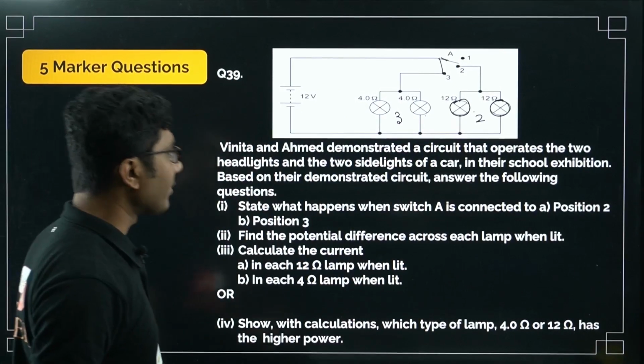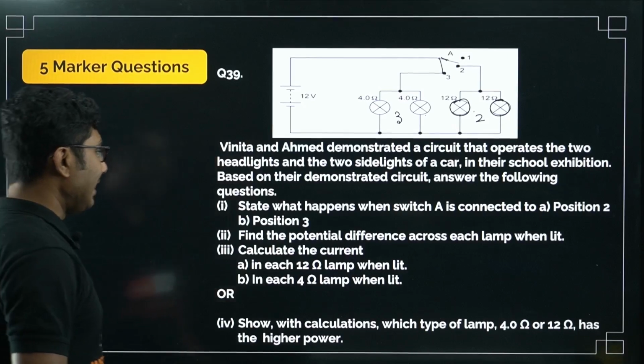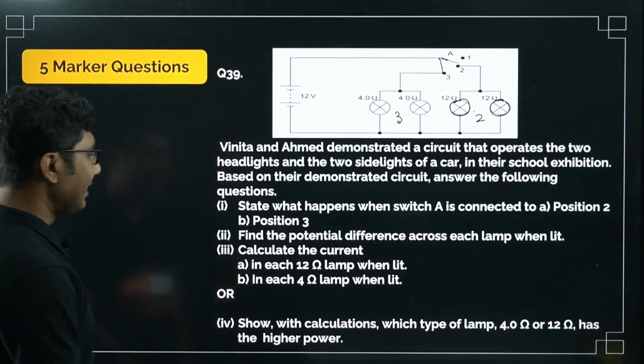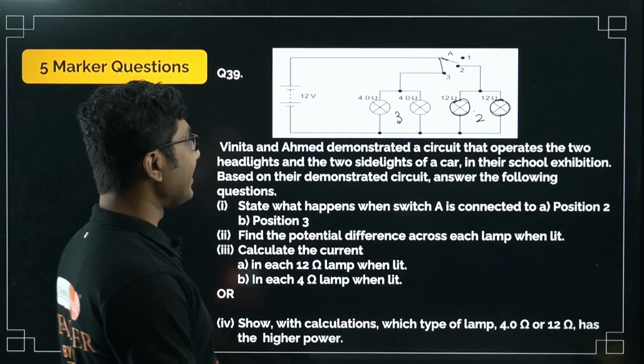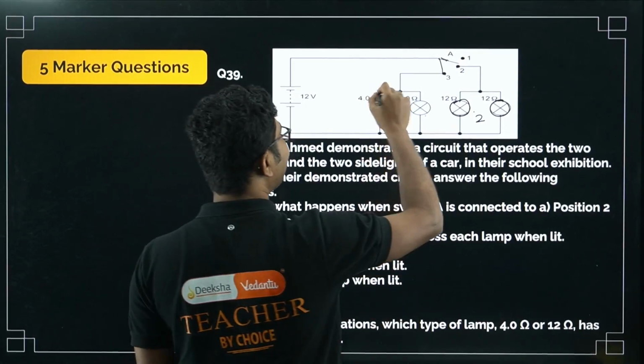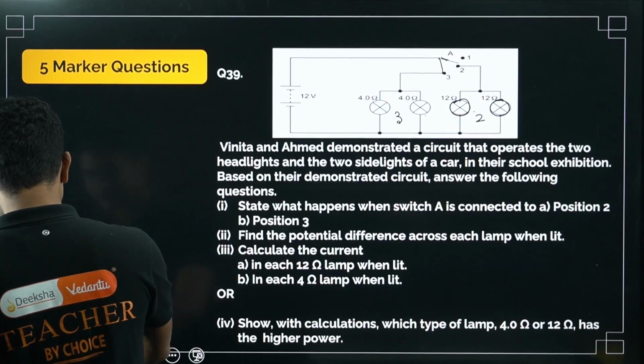Find the potential difference across each lamp when lit. Calculate the current in each 12 ohm lamp when lit, and in each 4 ohm lamp when lit. So first of all, find the potential difference across each lamp when the lamps are lit. So question number 2 is actually easy.